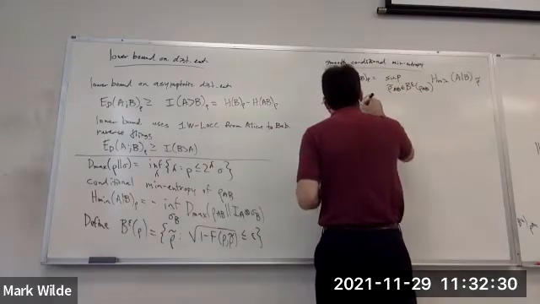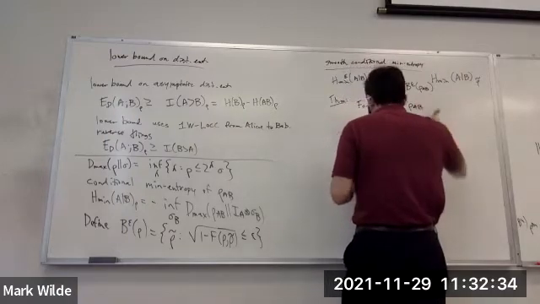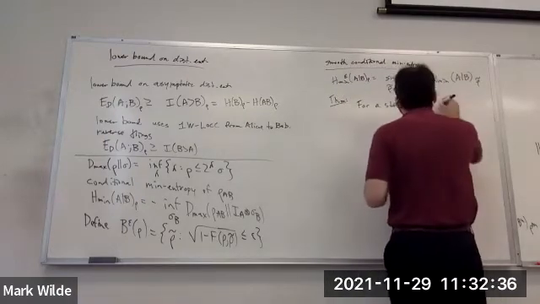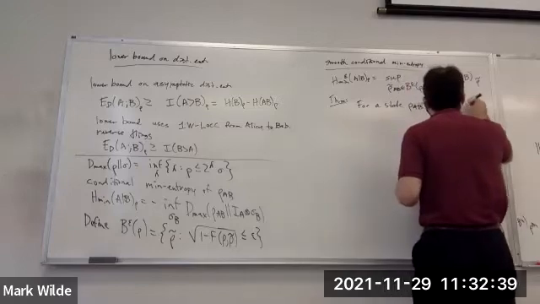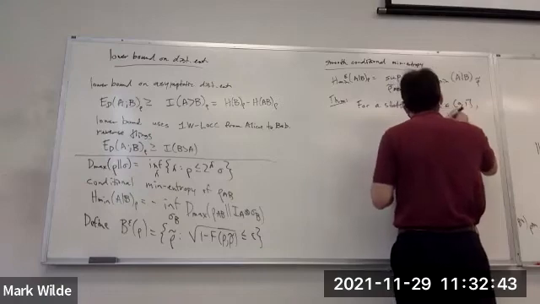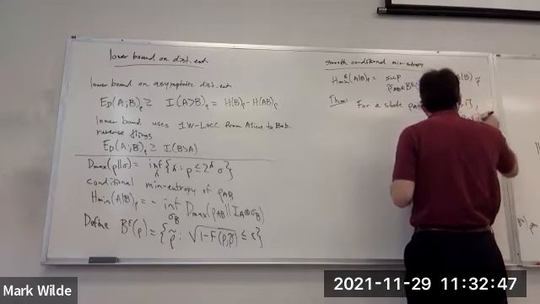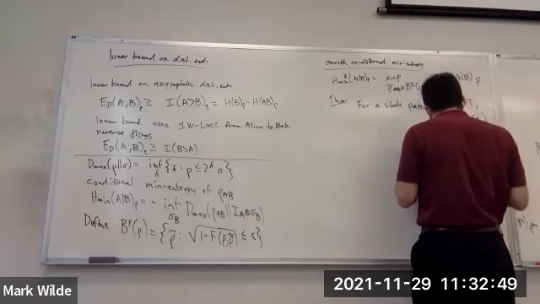For a state rho AB, epsilon between 0 and 1. Now we have this eta variable again, between 0 and epsilon.